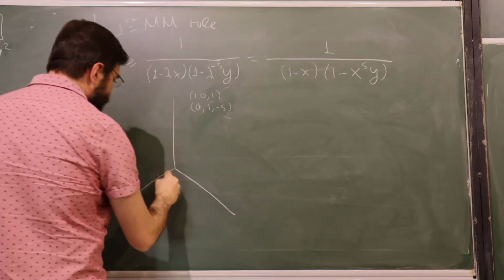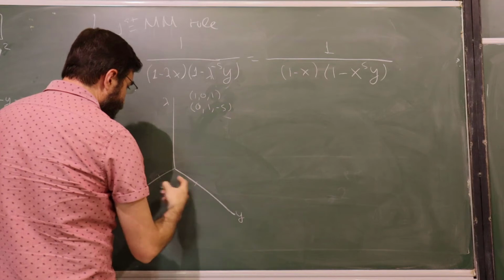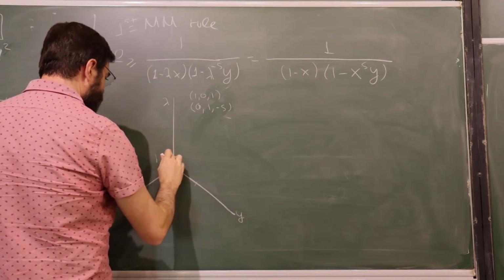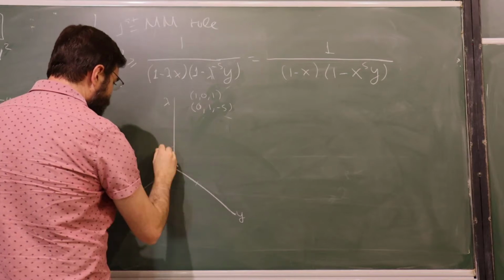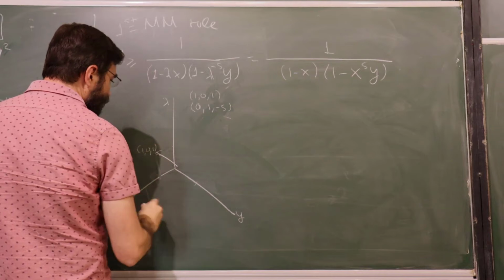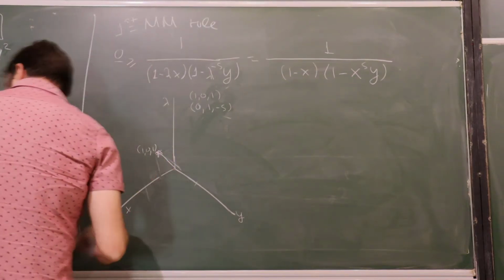Okay, so, anyway, so this is my 1, 0, 1 vector.